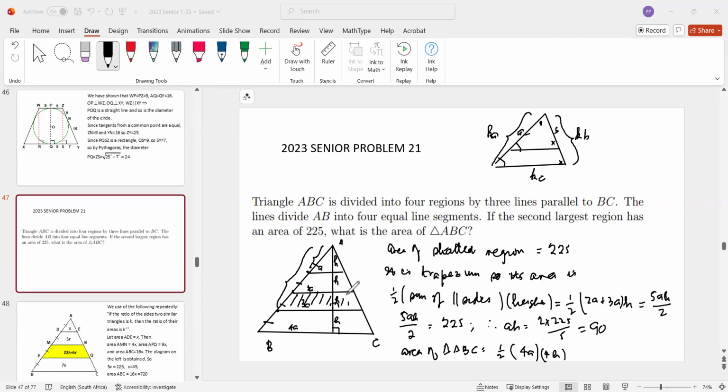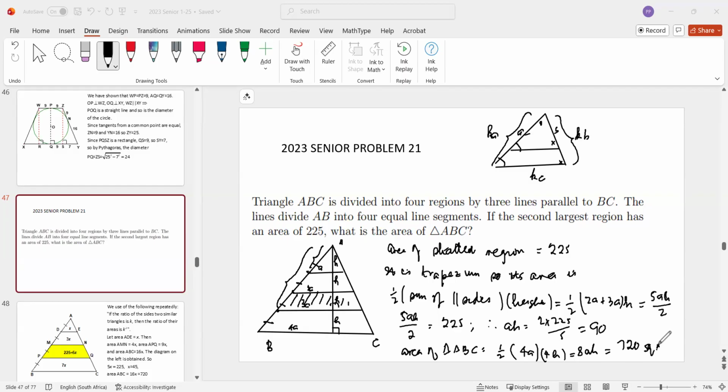Right? 4 H's, 4A. So that is 8AH. 4 times 4 is 16 divided by 2 is 8. But we know that AH is 90. So this is 8 times 90. So it's 720. And we'll have to say square units.